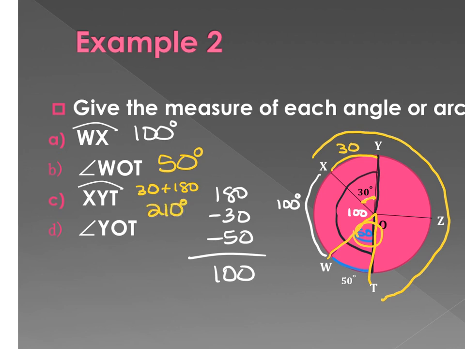I'm applying that arc addition postulate. And then the last question wants angle YOT, which is right here. It's the semicircle, so 180 degrees.